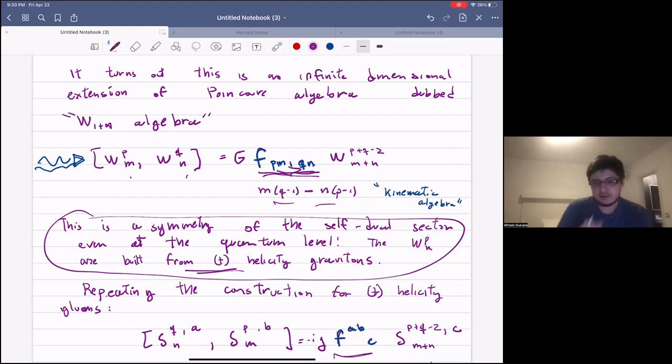And we know that it has corrections related to quantum deformations of the algebra. Well, at least I haven't heard of classical corrections to W. So that's still a confusing point to me.